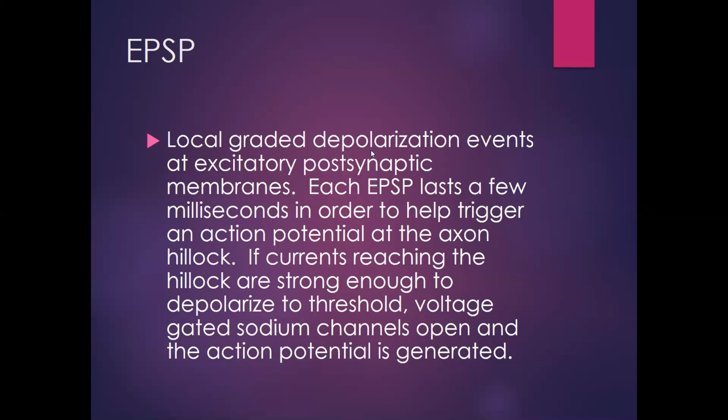So locally graded depolarization events at excitatory postsynaptic membranes. Each EPSP lasts for a few milliseconds in order to help trigger the action potential at the axon hillock. If the currents reaching the hillock are strong enough, so if those pluses we all added up stayed +15, then they would be enough to depolarize to threshold. Then the voltage gated channels would open up and the action potential is generated.